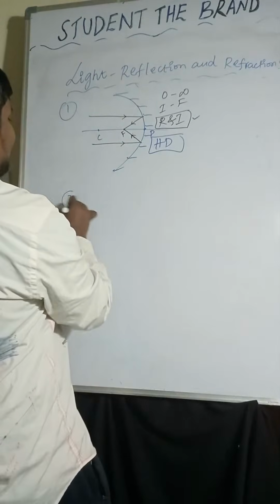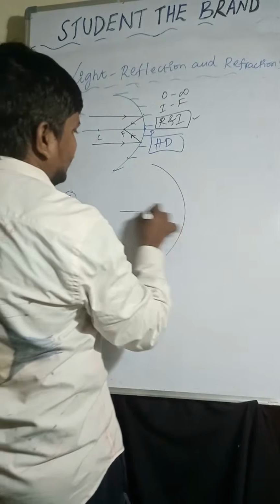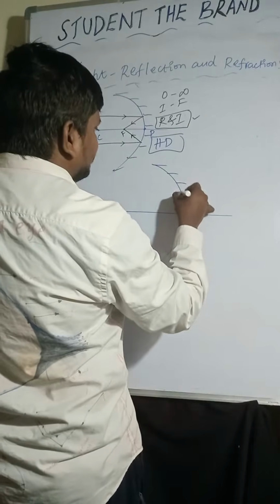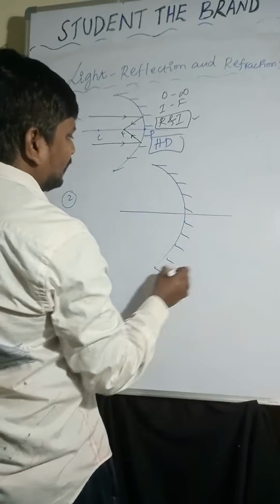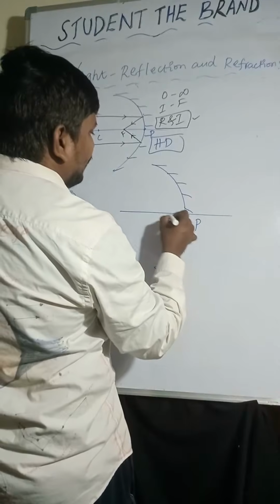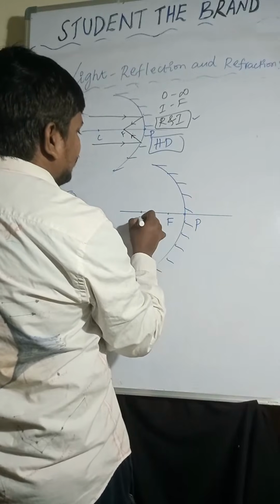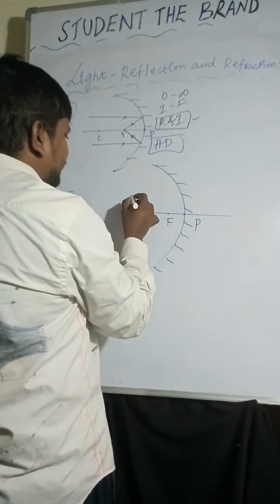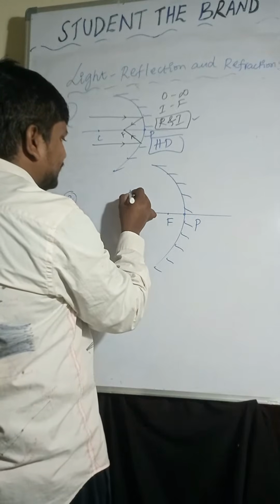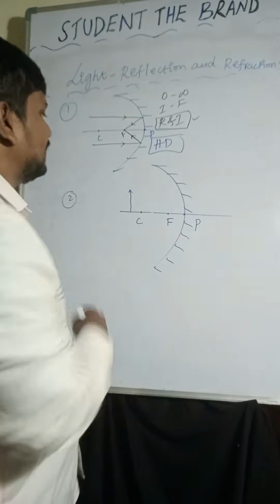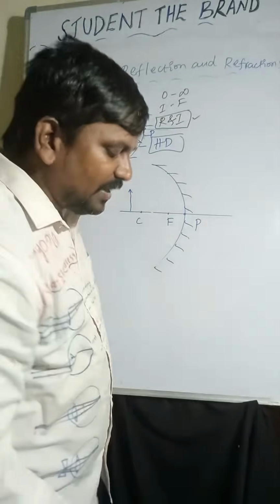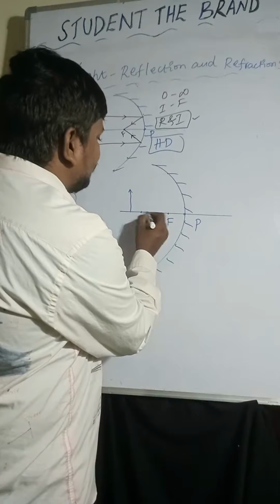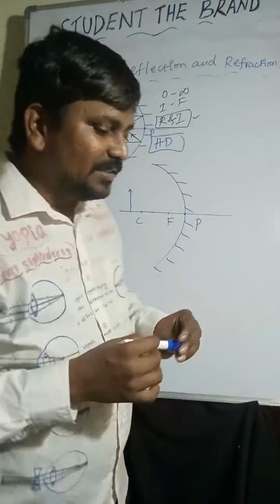So coming to the second one. This is a concave mirror. Pole, focus, center of curvature. Object is placed beyond center of curvature. How many light rays are required to form the image of the object?